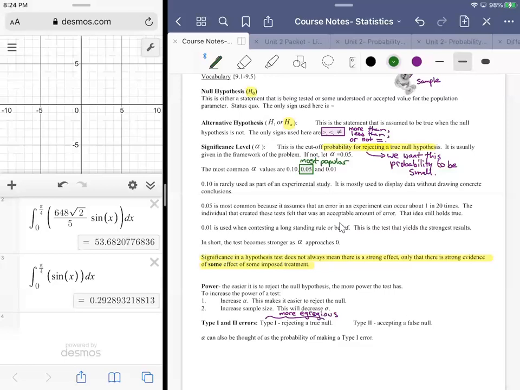I know a bunch of people, and I don't want to blow up their spot here, have been cashing in all semester on those typo bonus points. Good for them. But there's plenty to be had, so definitely take the opportunity. Some people say, I'll take care of that at the end of the semester, if I don't need the bonus points, I'm not going to bother. But the issue is that it's first come, first serve.